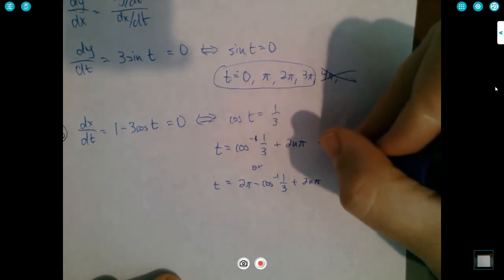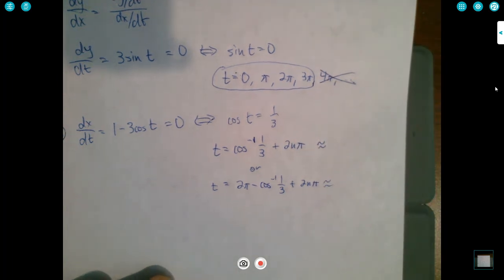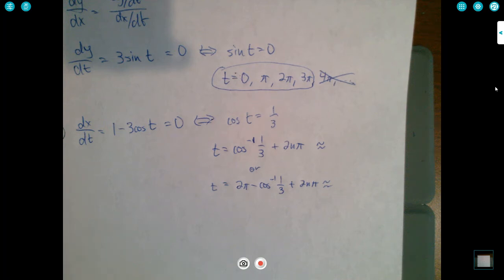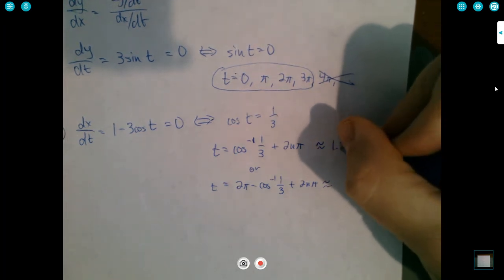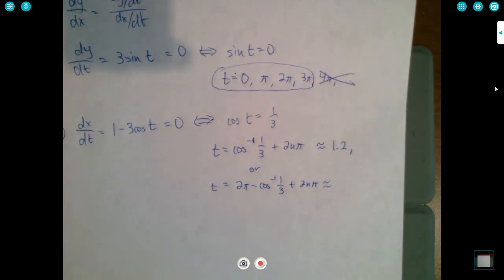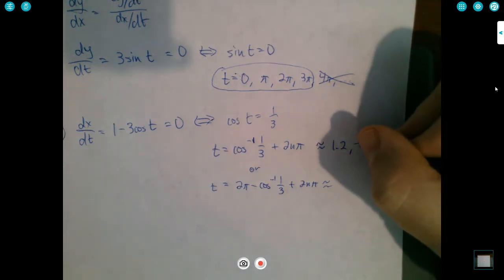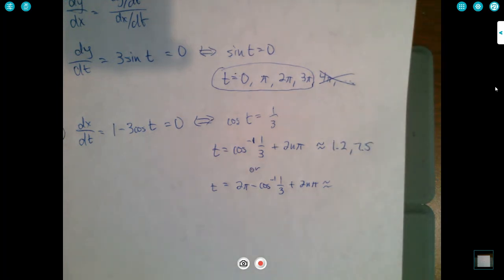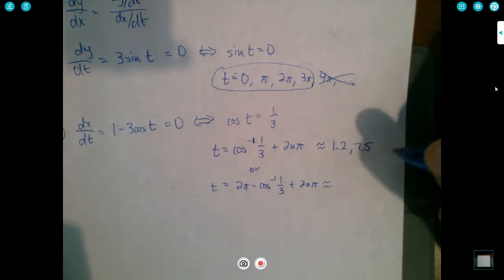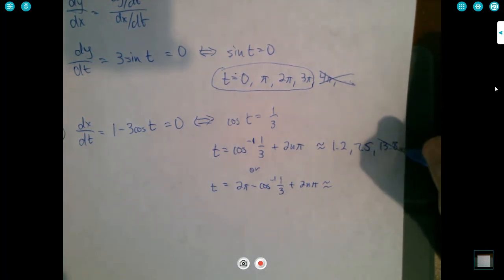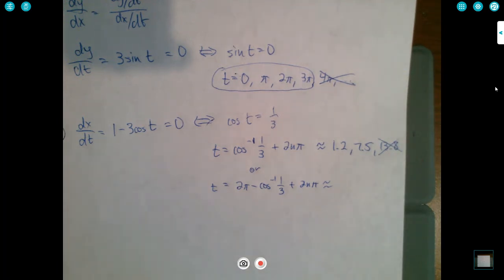Let me just approximate them to see about how much these things are. So cosine inverse of 1/3 is about 1.2. And if I add 2π, I get 7.5. And if I add 2π again, I'm at like 13.8. But that's already too big because t has to be less than or equal to 10.